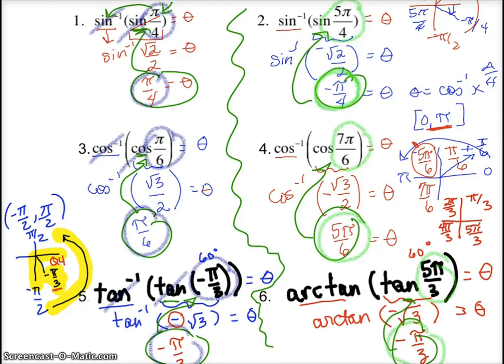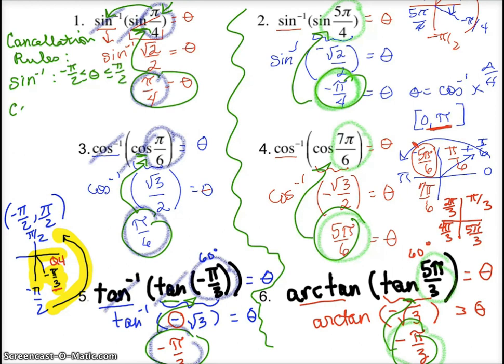So for our cancellation rules: when you are solving for inverse sine, if the value that you are given for theta is between negative pi over 2 and pi over 2, then you may cancel.